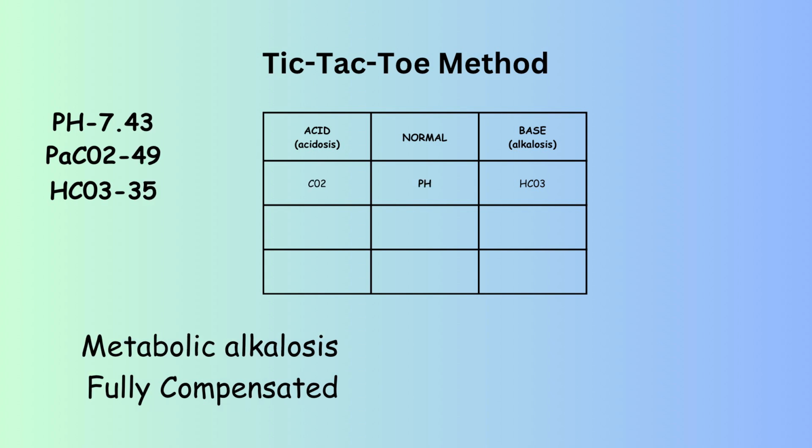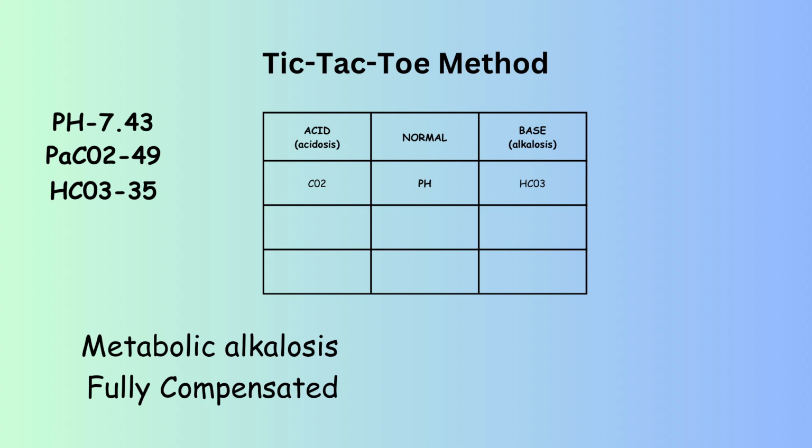We have another example here. If you see a straight line all the way across, just know that it is fully compensated. So we have this example here, pH of 7.43, which is within normal range. And then we have PaCO2 of 49, which is acidosis.